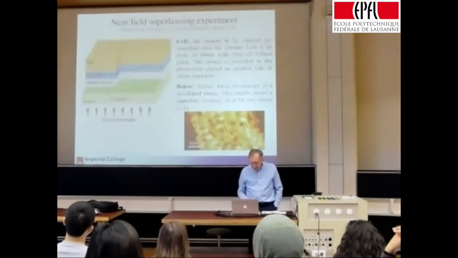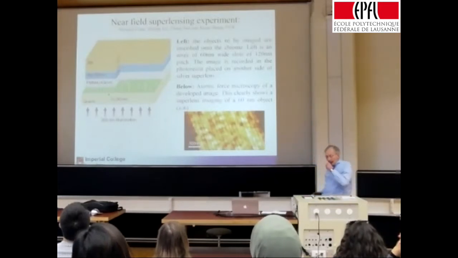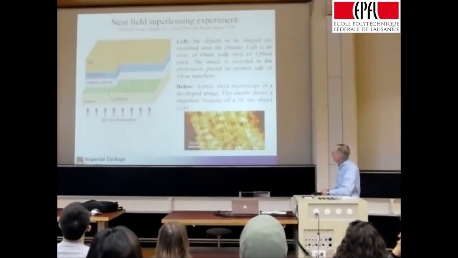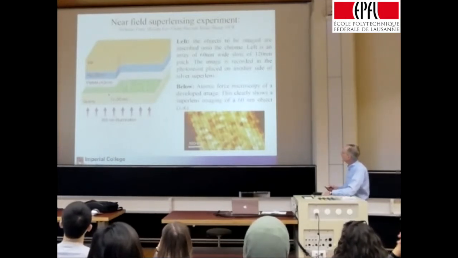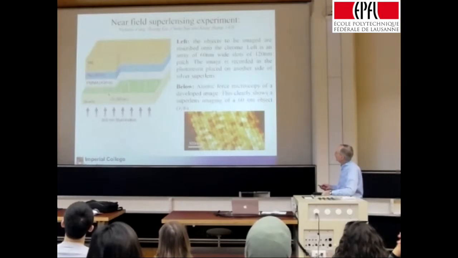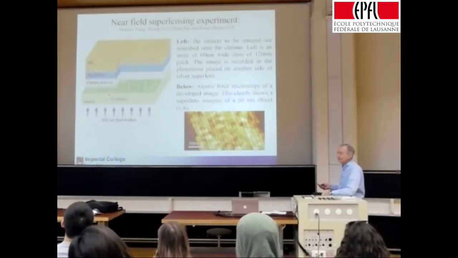And I was taken up on that by the Berkeley group of Zhang. Way back, they made this system here. So this is what they're looking at. It's a chromium layer on quartz, which is patterned on a 50 nanometer scale. This is a spacer layer, and here's a piece of negative epsilon material, which is silver.